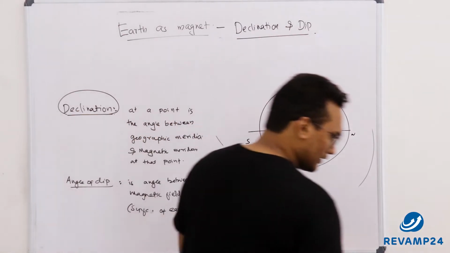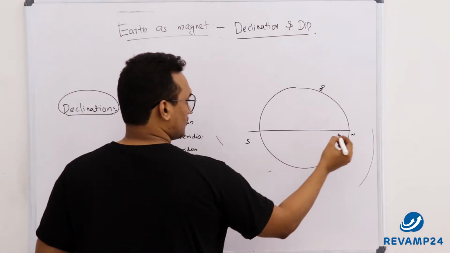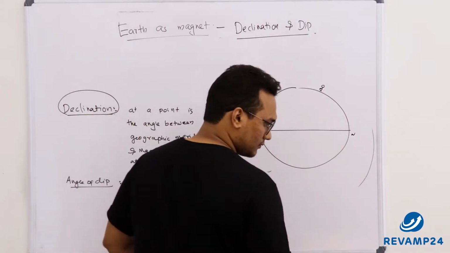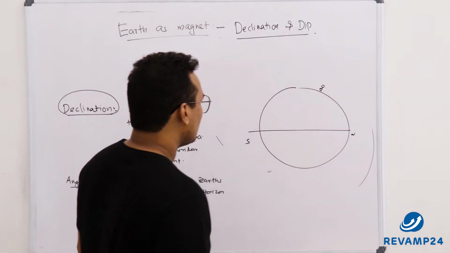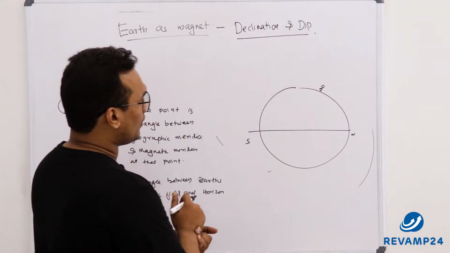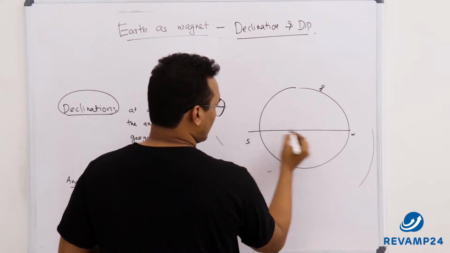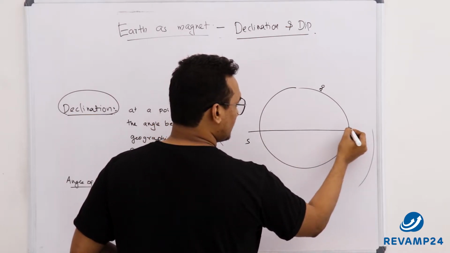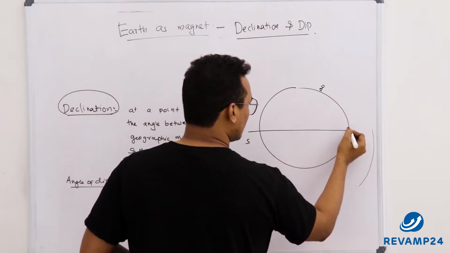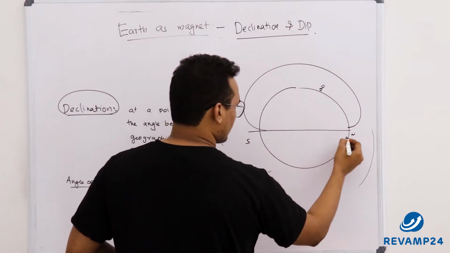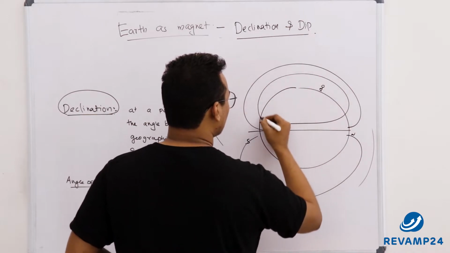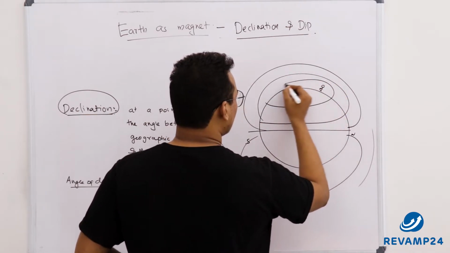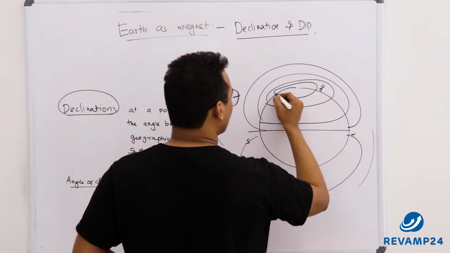Now we know that the magnetic field lines that connect north and south will be in this way, and here it will be in this way, here in this way, and here in this way.